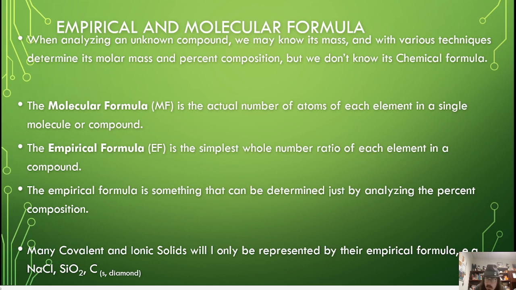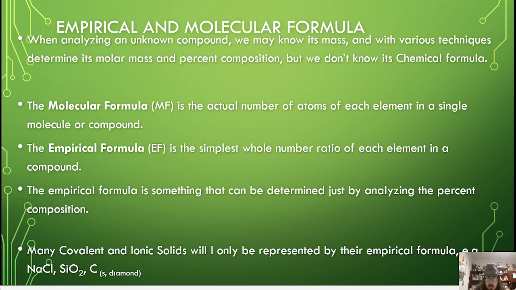You know what also has a 1 to 2 to 1 ratio? Formaldehyde, which is actually C1H2O1. So they have the same empirical formula, but one is already done. The other is a lot more complicated.